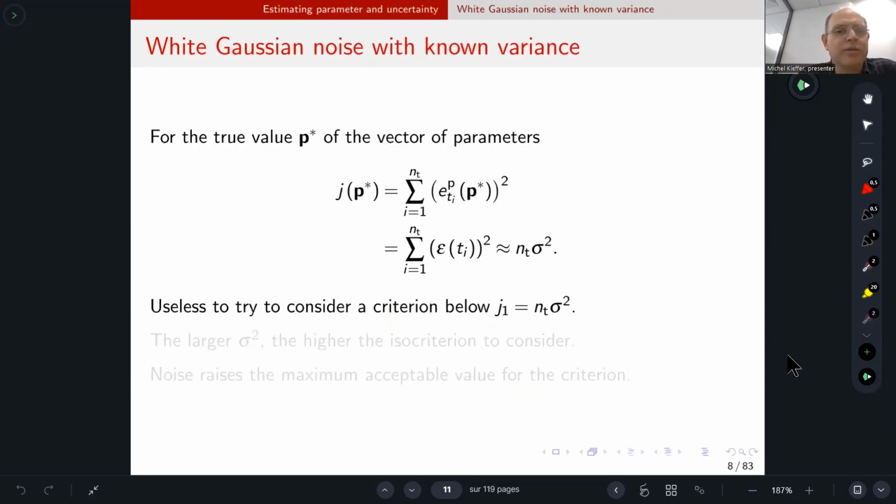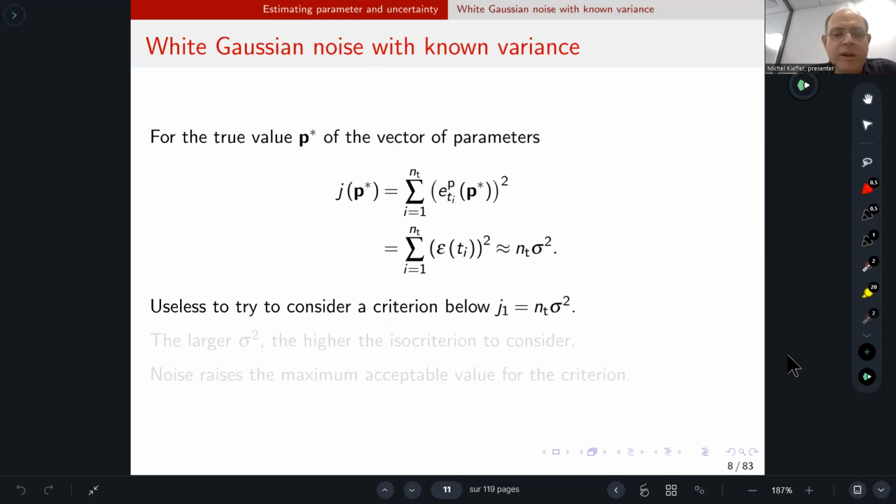And for the true value of the parameter vector, what remains here is only the measurement noise. And on average, the value of the criterion at the true value of the parameter is equal to nt times sigma square.